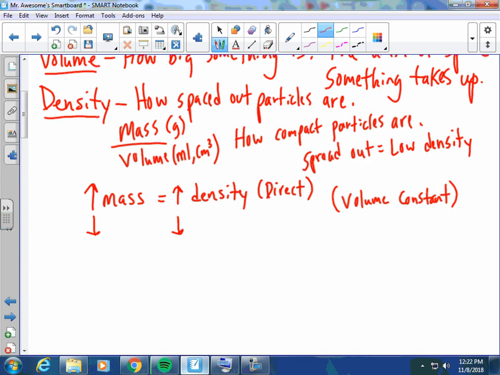And then I increase the size, I stretch it out to this big. Okay, so I increase the volume, right? But I kept the mass the same. What would happen to the density? So if I increase the volume, the density would do what? Get smaller, that's right. So if I increase the volume, the density actually goes down if the mass is constant.